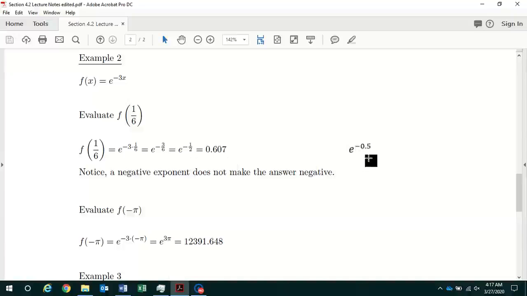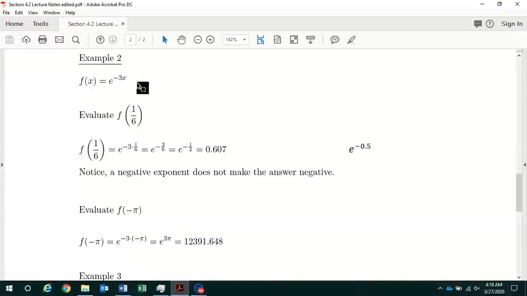Well, minus 1/2 is the same as minus 0.5, and so e to the minus 0.5, using your calculator to 3 decimal places, is 0.607. Next, we want to evaluate the function at x equals minus pi.